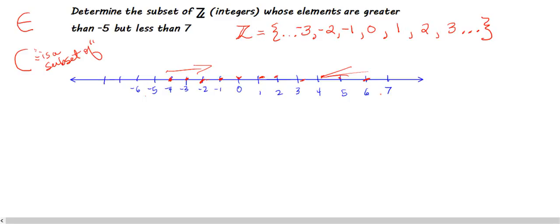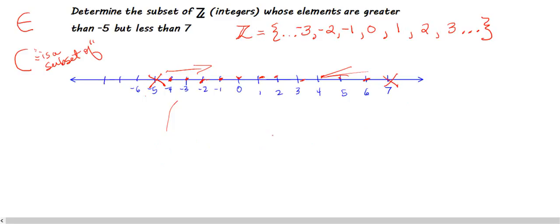Only above it, and only below 7, not at 7. If it said "or equal to," or "at least -5, at most 7," then we would include -5 and 7. But in this case, we do not include -5 and 7. So no -5 and no 7.